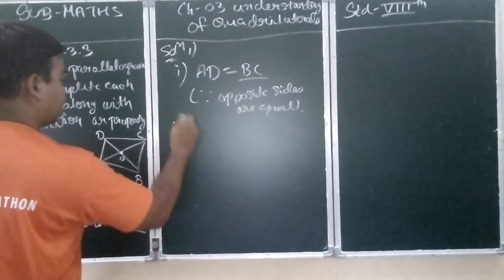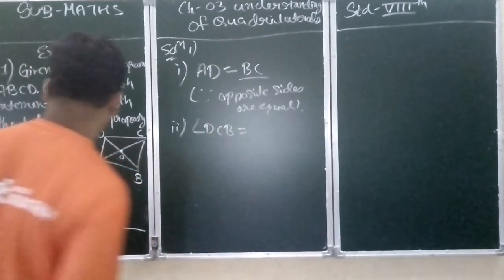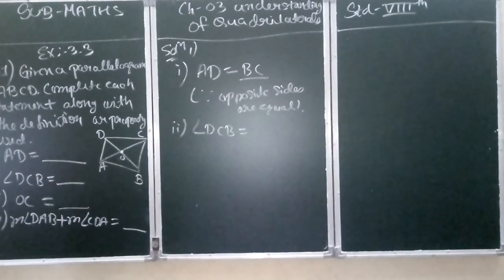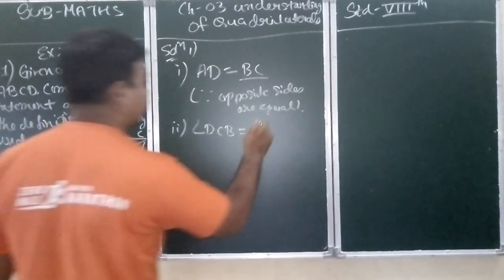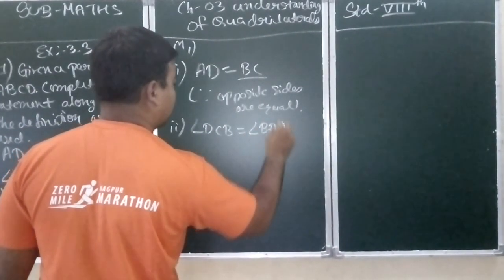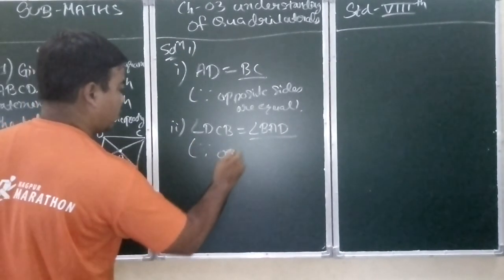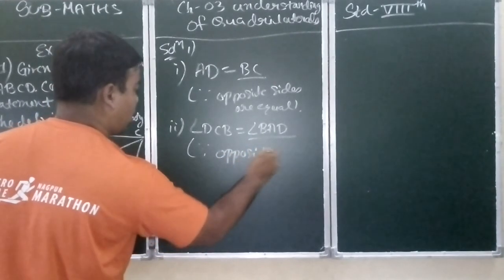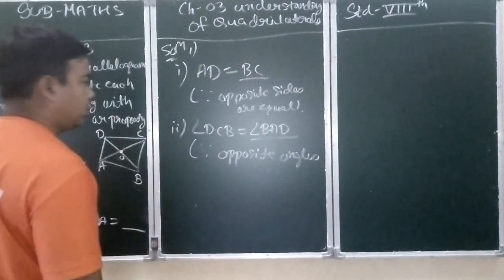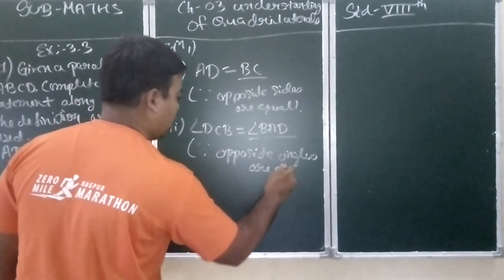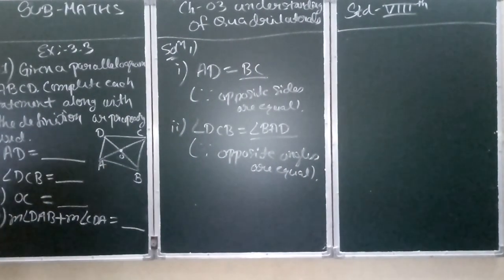Then second, angle DCB is equal to angle BAD, because opposite angles are equal.